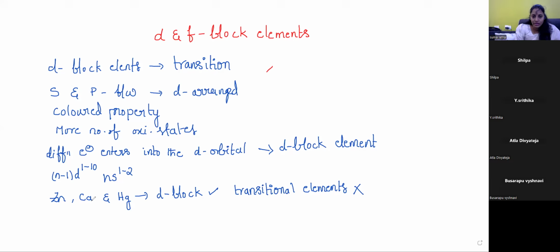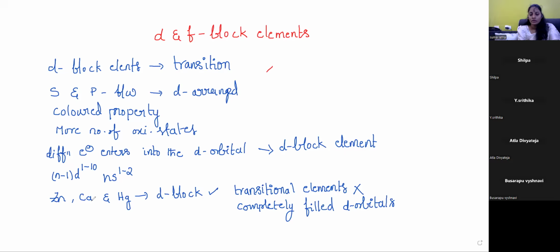Here I'm writing: completely filled d orbitals is the reason for not having transitional property. Those do not come under transition elements.